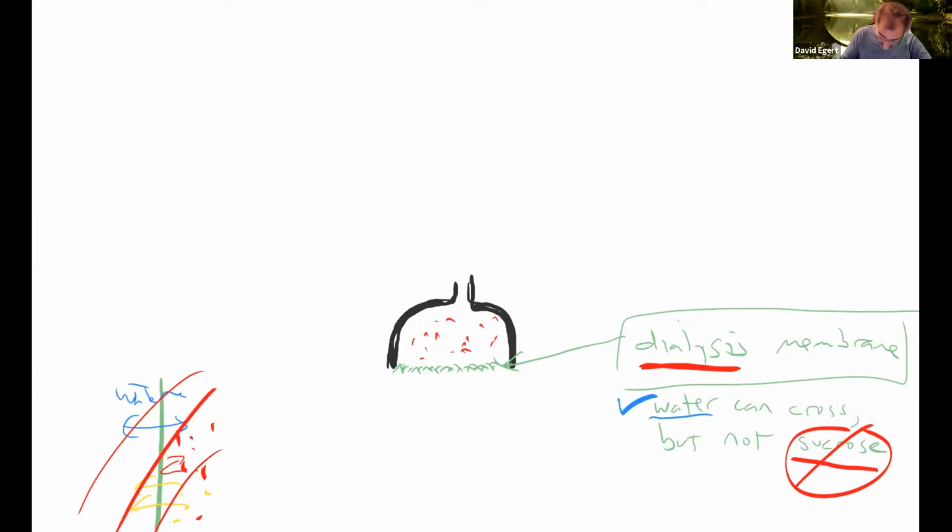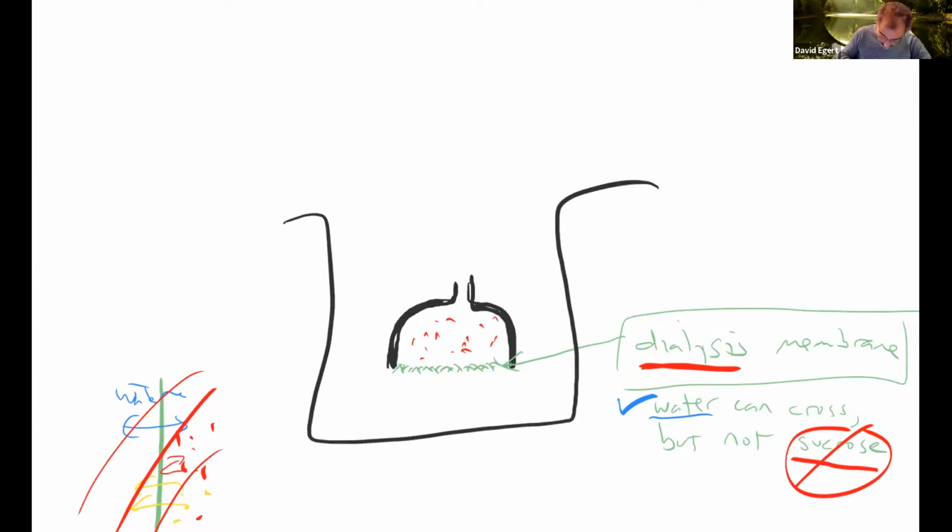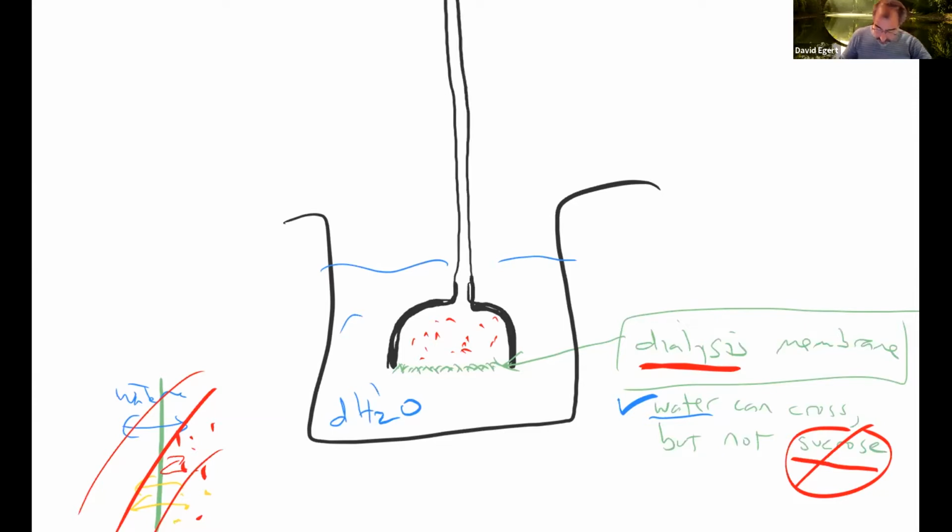And we're going to put this in a beaker. It's just distilled water in it. And then we have a little tube that is attached here. And we usually dye the water so you can see if it's moving.